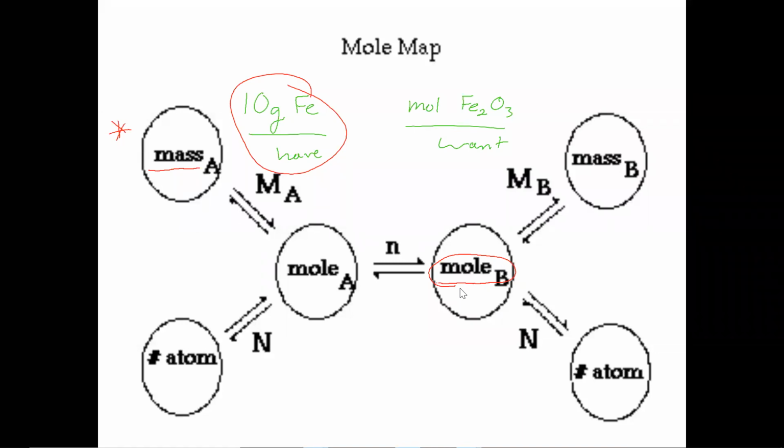Because if it was moles of A, it would ask me for moles of iron, but it's not. It's asking me for moles of iron 3 oxide. So once again, starting here, we're ending over here. So I have to go from mass of iron to moles of iron, and from moles of iron to moles of iron 3 oxide. So I'm doing 2 conversions total, 2.